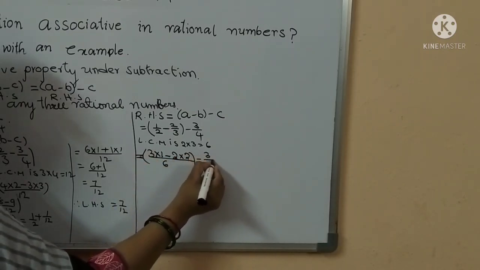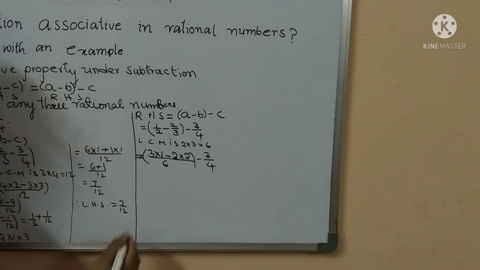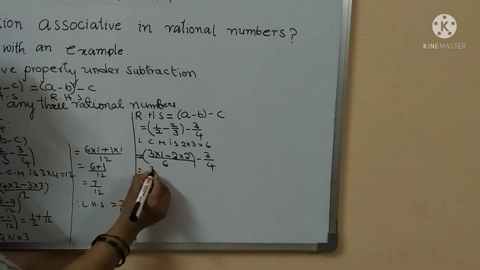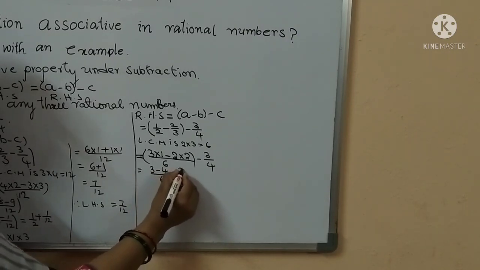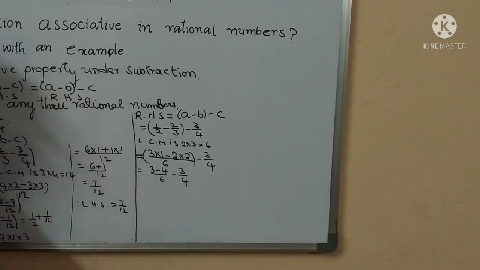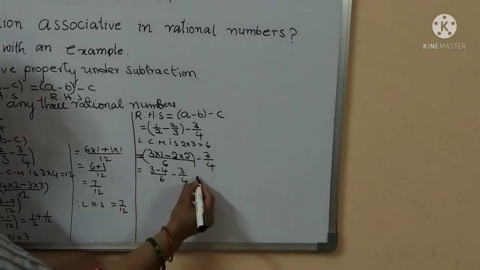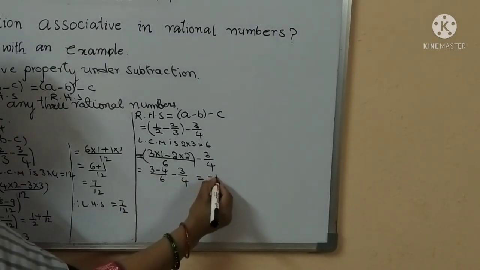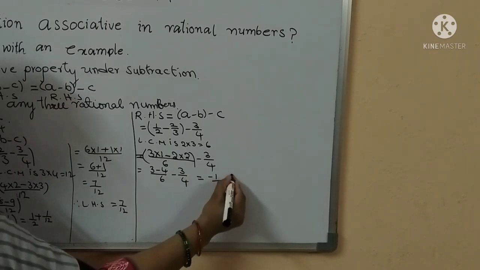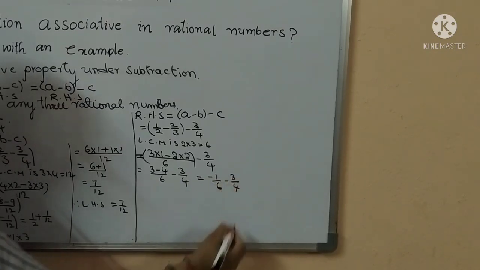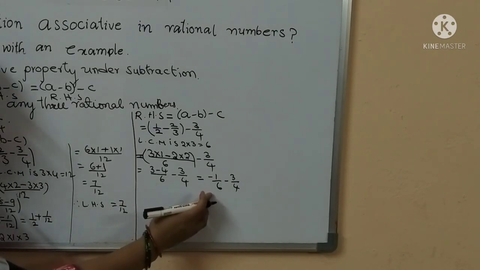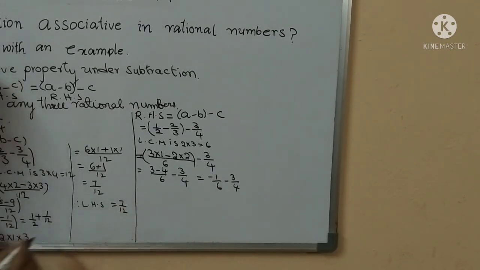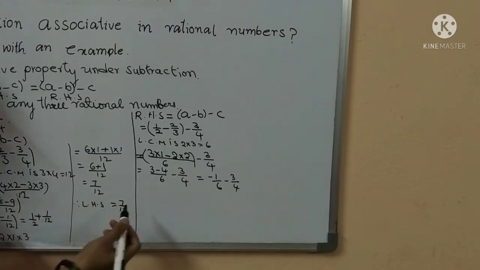So 3 ones are 3 minus 2 twos are 4, by 6, minus 3 by 4. Finally, 3 minus 4 is minus 1 by 6, minus 3 by 4. Now let us take the LCM of 6 comma 4 again, which we already know.